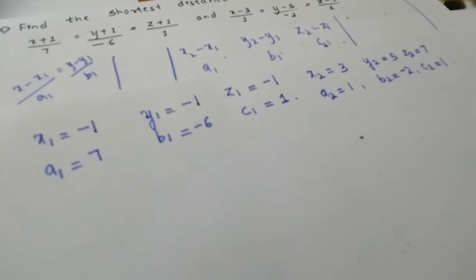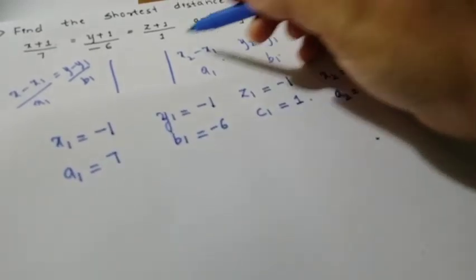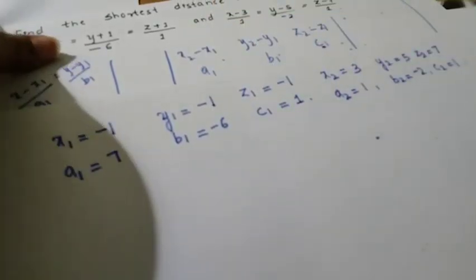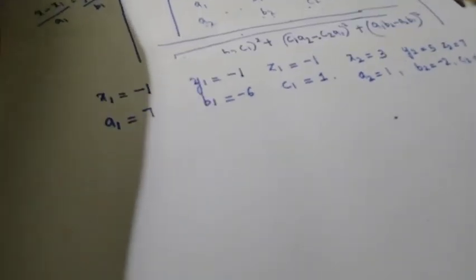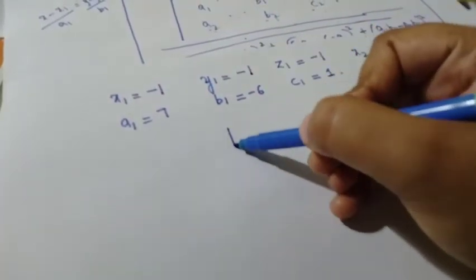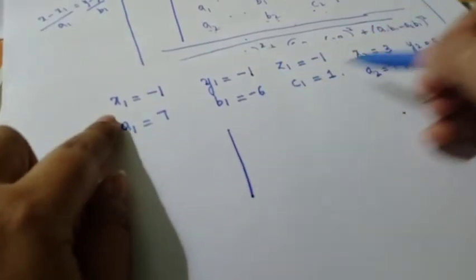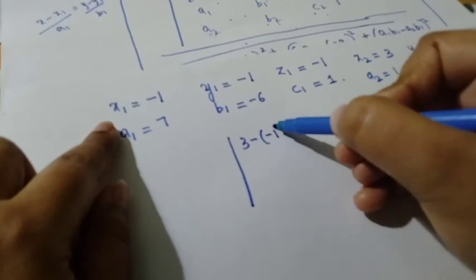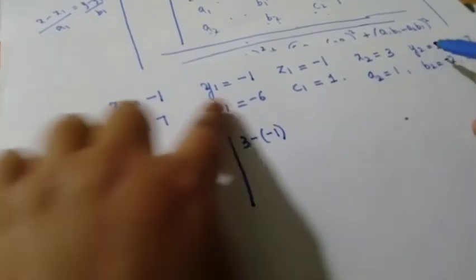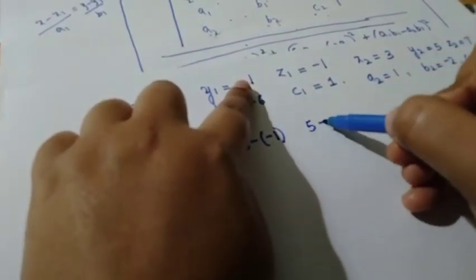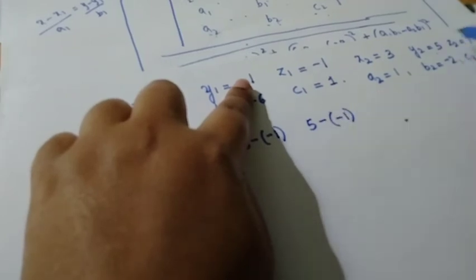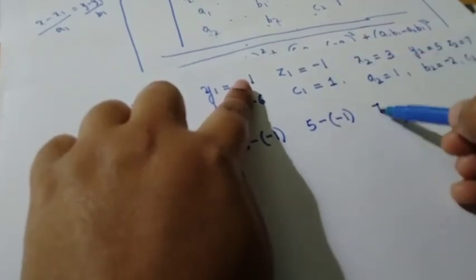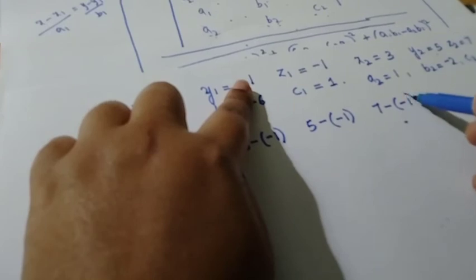Now we have to solve the equation. So using which formula? This formula. First we solve the numerator part. So modulus of x2 minus x1, 3 minus of minus 1, y2 minus y1, 5 minus of minus 1, z2 minus z1, 7 minus of minus 1.